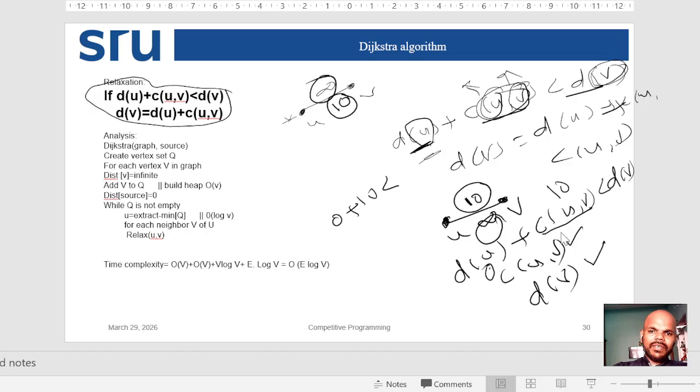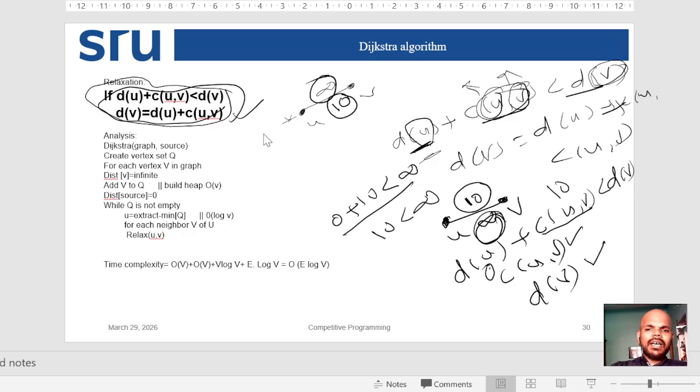What is the distance of v? It is infinite, right? So 10 is less than infinite, then execute this condition. These are the major intuition for relaxing the node. I hope the students understand.